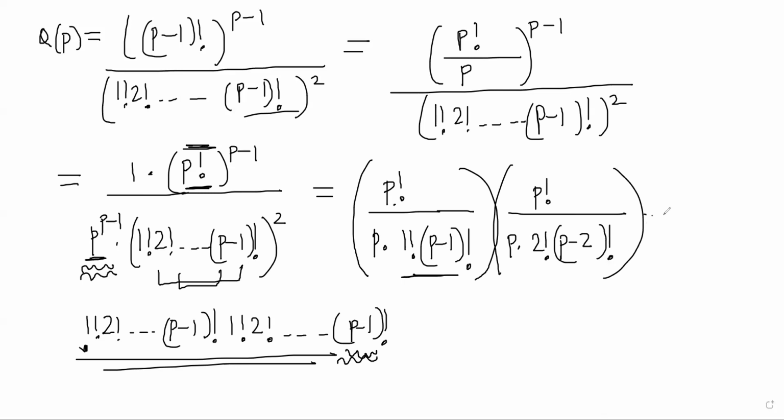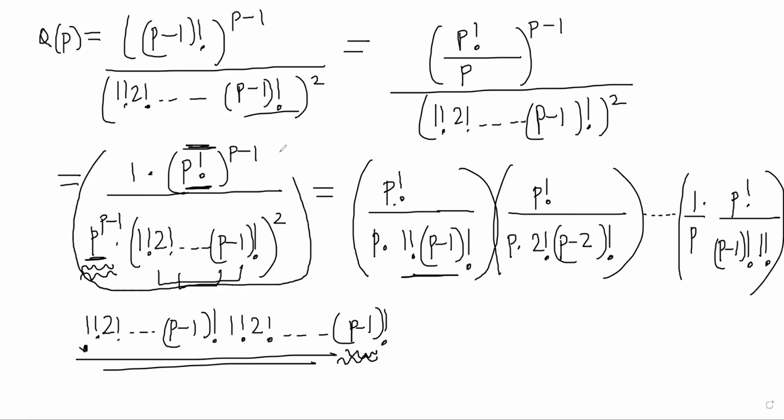And similarly, we'll keep making terms like this. This is 1 p by p factorial, and one more time we have p minus 1 factorial here and 1 factorial here. So think about what I have done. I have split this expression into multiple terms. How many terms? We have basically p minus 1 terms, right? Because that many p factorials we have, right? P minus 1 terms, and every time what am I doing?